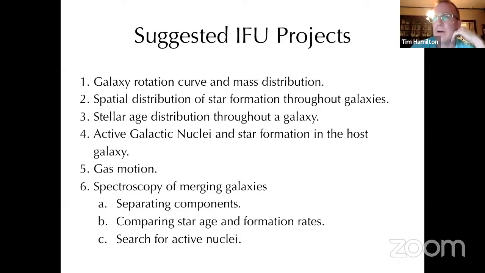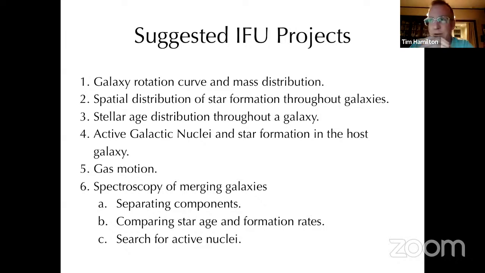So one that I'm going to show you tonight is looking at the galaxy rotation curve and getting the mass distribution of the galaxy. Another one is you can take a look at where star formation is occurring throughout a galaxy. Is it occurring in the arms, on the front side of the arms, the back side, in the nucleus, or what? What about the distribution of stellar ages throughout a galaxy? Are the stars in one region older or younger than another? That also tells us something about galaxy evolution.